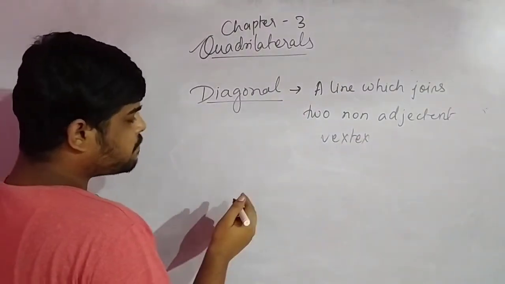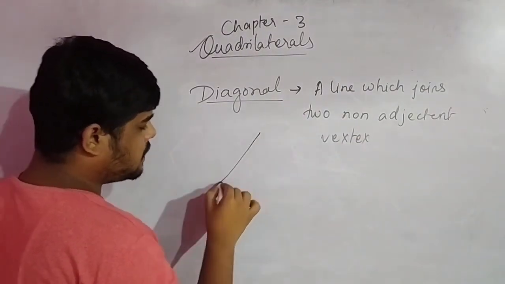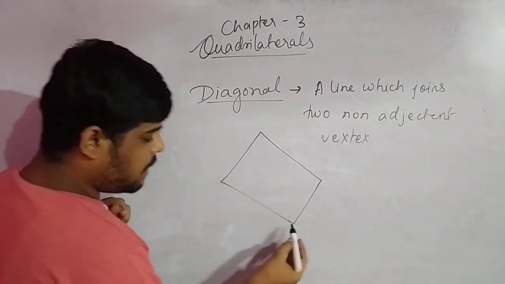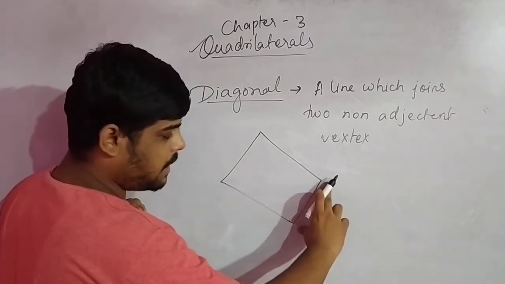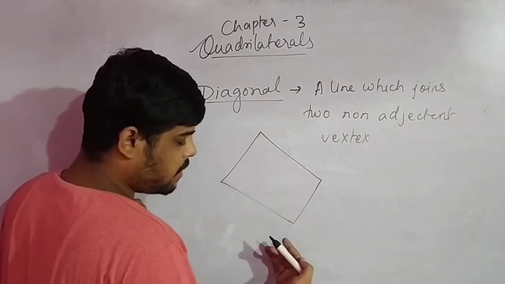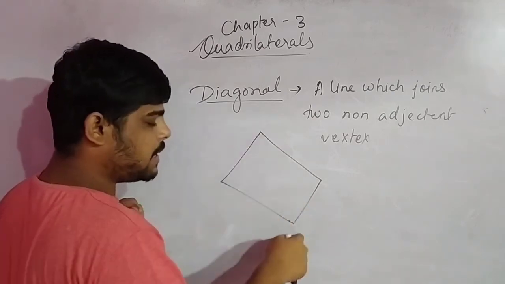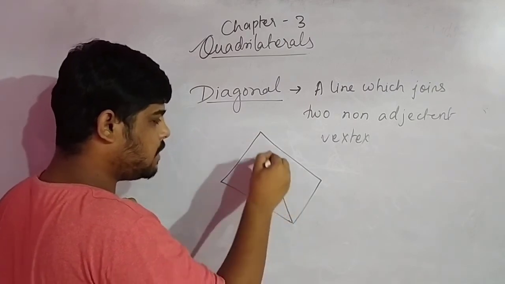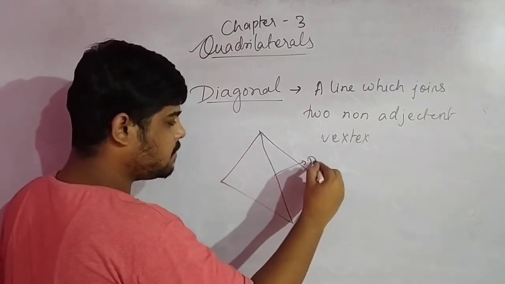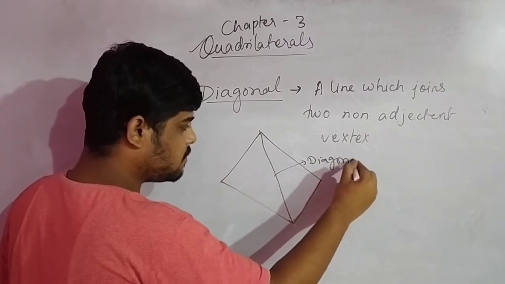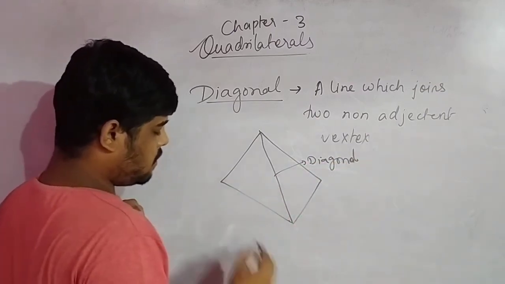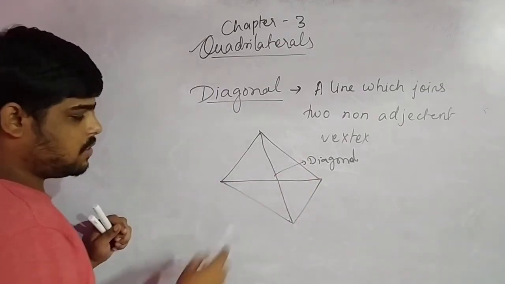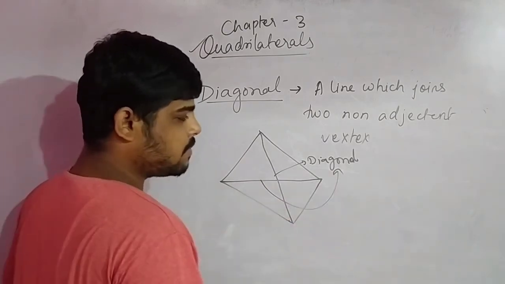See here, suppose this is a quadrilateral. Now ये वर्टेक्स और ये वर्टेक्स कंसेक्यूटिव है, मतलब एडजेसेंट है, मतलब आजू बाजू है, ठीक है. बट दिस वर्टेक्स एंड दिस वर्टेक्स इज नॉट एडजेसेंट, ये आजू बाजू नहीं है, ये ऑपोजिट है. तो इसको ज्वाइन कर देते. So this line is a diagonal. This and this is also not adjacent, so this line is also a diagonal.